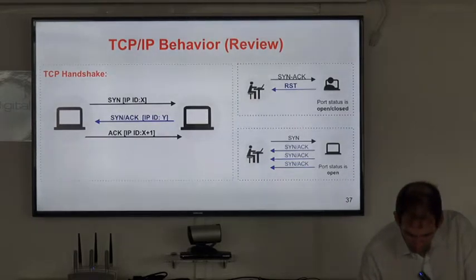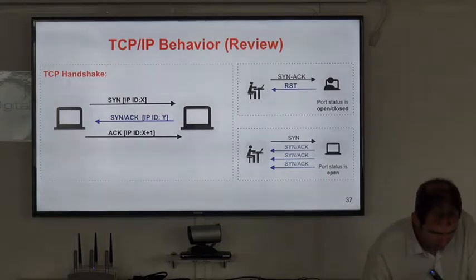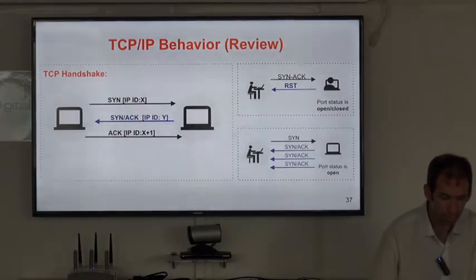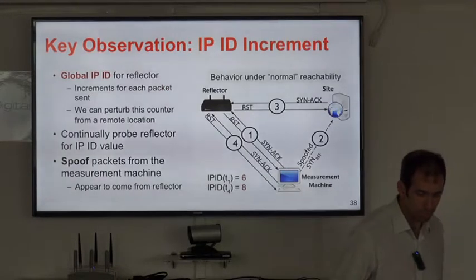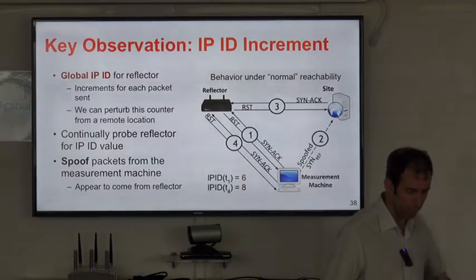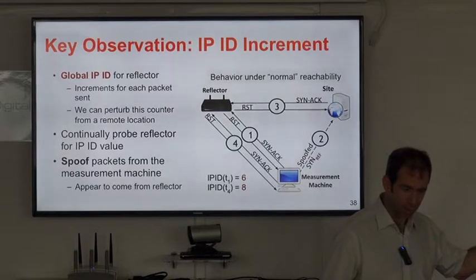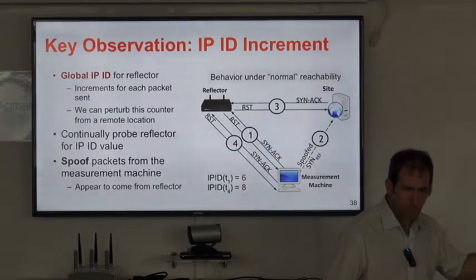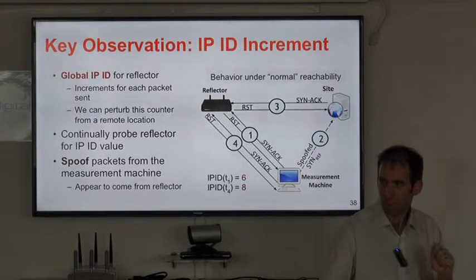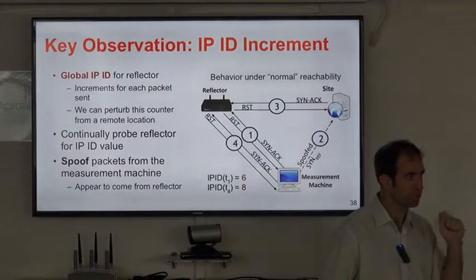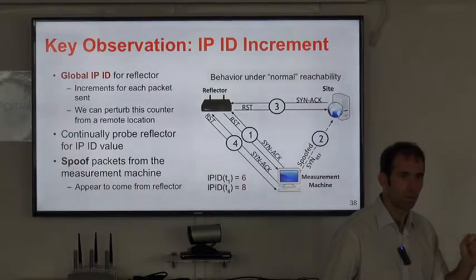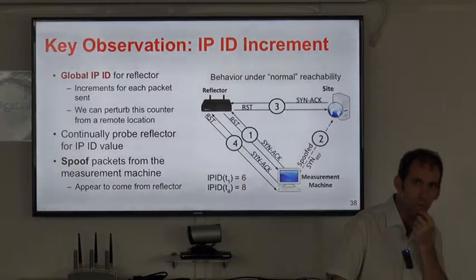I'm going to get into the details in a sequence of slides, so I'm not going to go over everything on this slide in gory detail, but I'll give you the main trick. Any machine, including routers, when they generate packets to send, will put an IP ID, an identifier, in the IP packet.